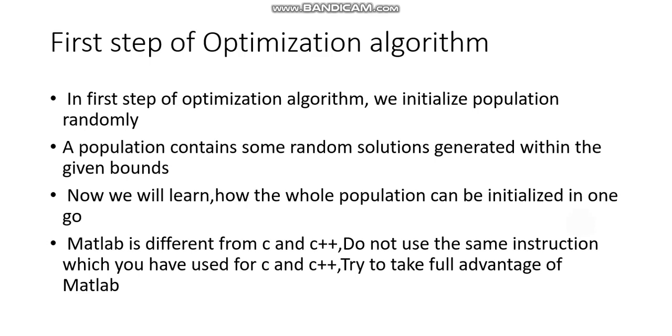What is a population? Population means we have to generate some random solutions which should be within the given boundaries. Boundaries means each variable is bounded by some lower value and an upper value. So those are called boundaries. We have to create solutions within the given boundaries.